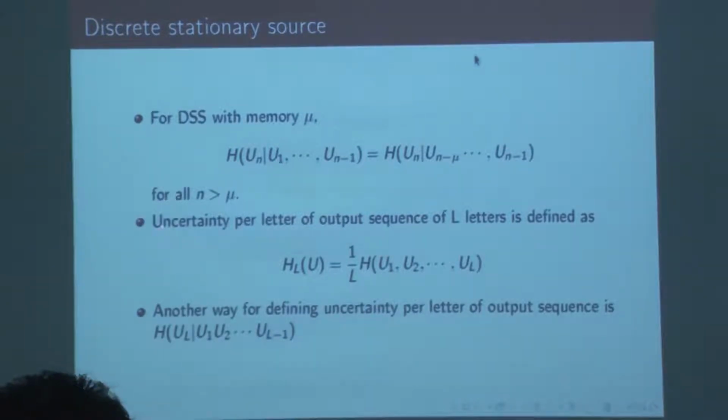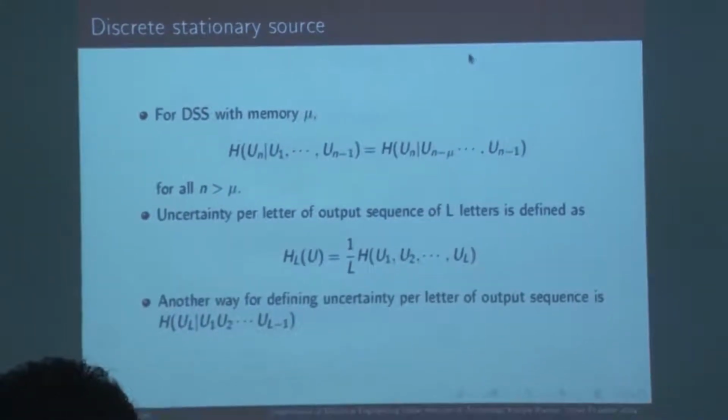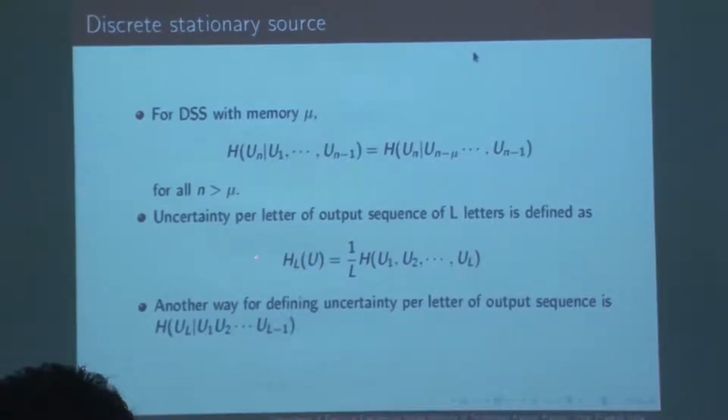One way is uncertainty per letter of the output sequence, which we define as the entropy of U_1, U_2, U_3, ..., U_L divided by L. Another way of defining this uncertainty per letter is in terms of conditional entropy: the entropy of U_L given U_1, U_2, U_3, ..., U_{L-1}. So, these are the two ways in which we could describe the uncertainty per letter for a discrete stationary source.